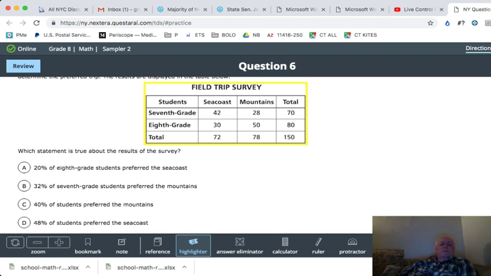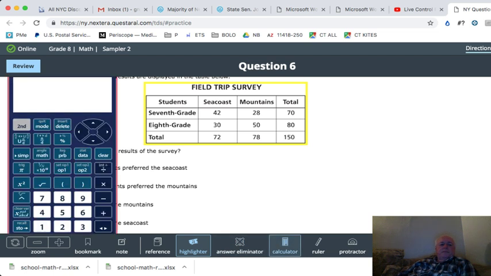Well, it's 30 out of 80, so that's already past 20%. So it's not A. B: 32% of 7th graders preferred the mountains. So 28 of 70. That does not seem to be 32, but let's make sure. 28 divided by 70 is 40%, right?